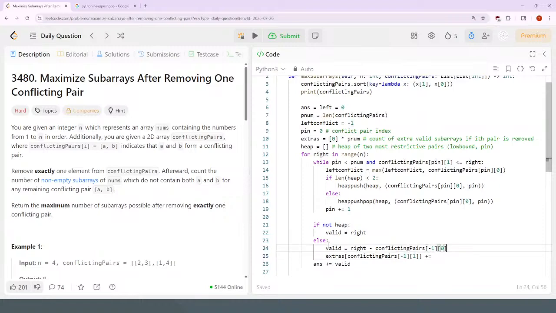So the benefit of removing this restriction is going to be something like extras, no, it would be conflicting. Wait, I forgot to use the heap here.